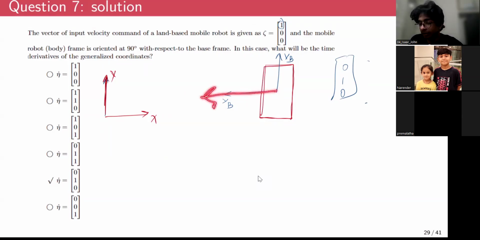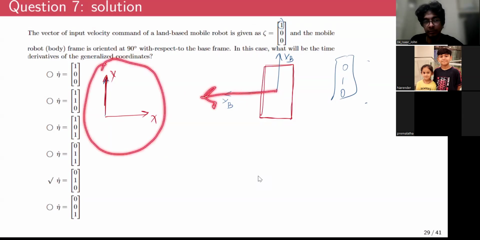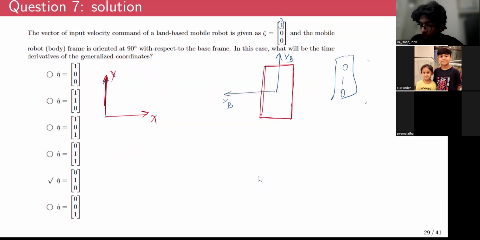When you refer it to this coordinate frame, it is in the direction of the negative x-axis.